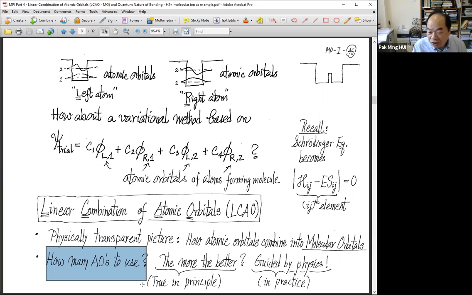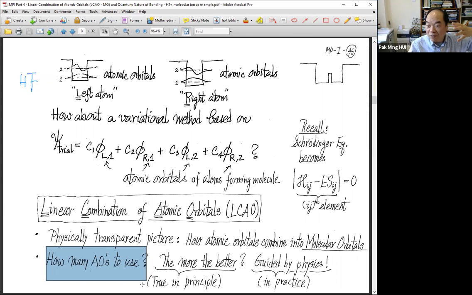Practically, a better answer is to be guided by physics. Just as in the example I just mentioned, HF, you have to look for where the outermost electrons are, which will be responsible for chemistry. Bonding has to do with atoms forming molecules. It is a kind of chemistry, so it must have to do with the outermost electrons.